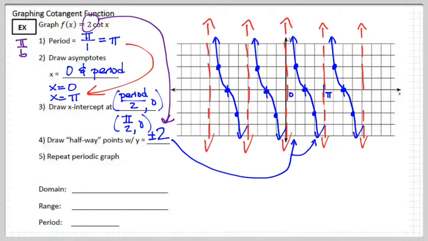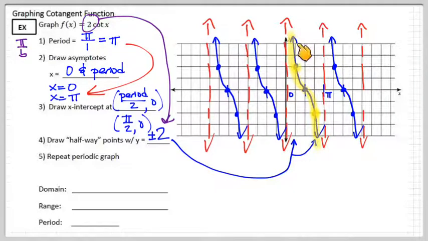We go up and down by 2, right here. So this is the point that we draw here, and note it goes in the opposite direction. So between the left halfway point, we go up by 2. The right halfway point, we go down by 2. And so we get a shape of our cotangent graph that looks like this.